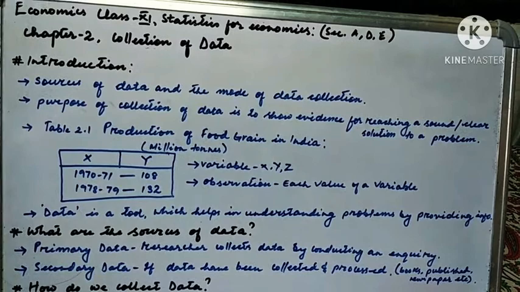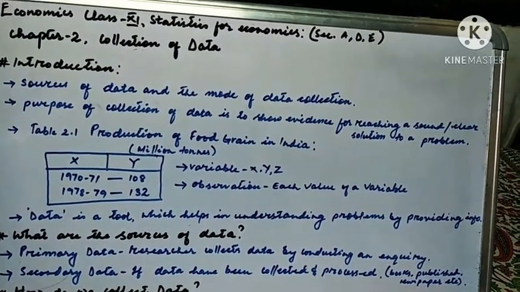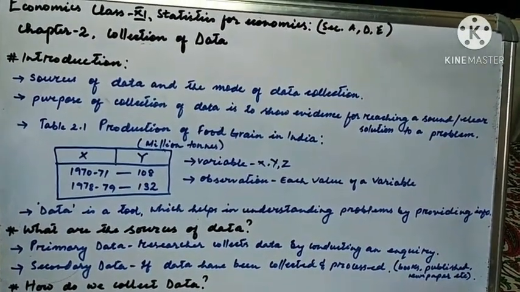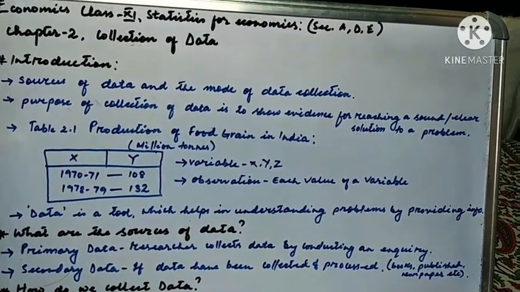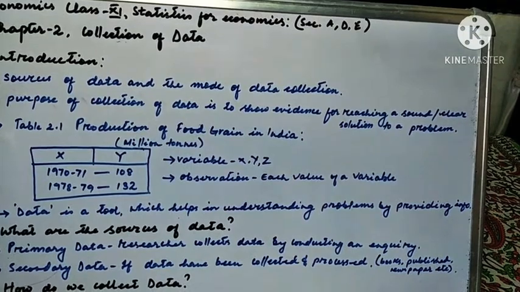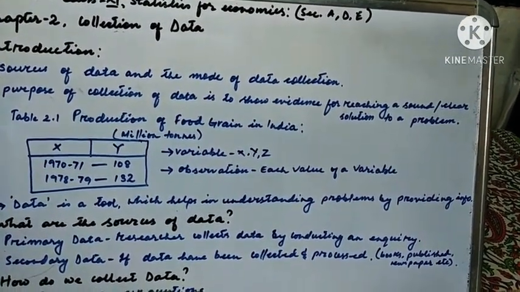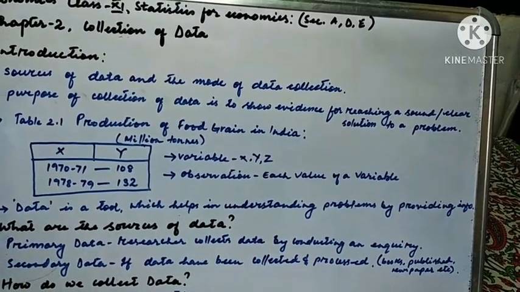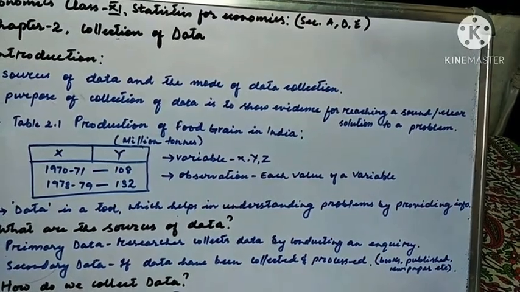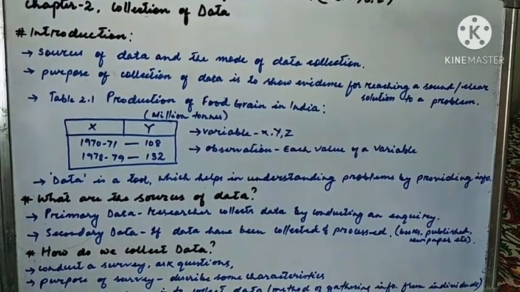We will also discuss the distinguishing factors between primary and secondary sources of data. Thirdly, we will learn about the mode of collection of data, the methods in which data are collected, and we will distinguish between census and sample surveys.